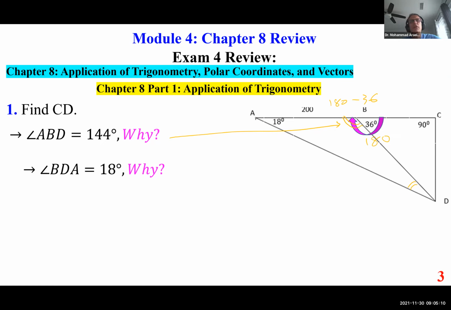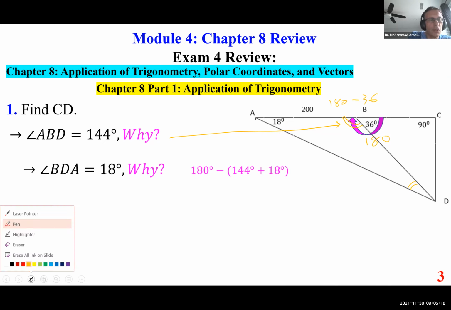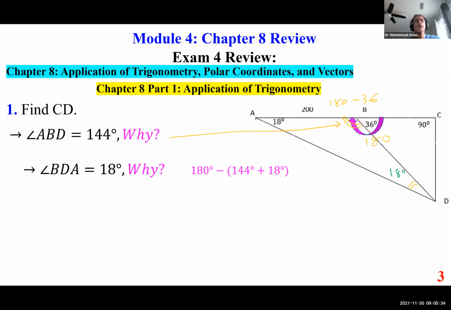Because the total interior angle of any triangular shape is 180 degrees. So we are going to subtract the sum of 144 and 18 from 180, and this becomes 18 degrees.